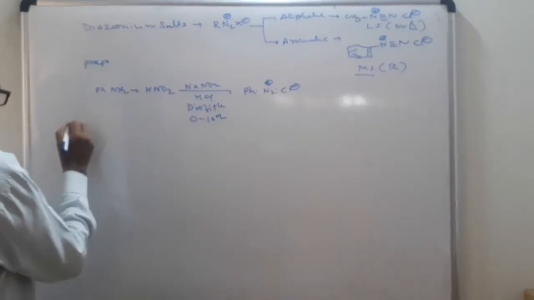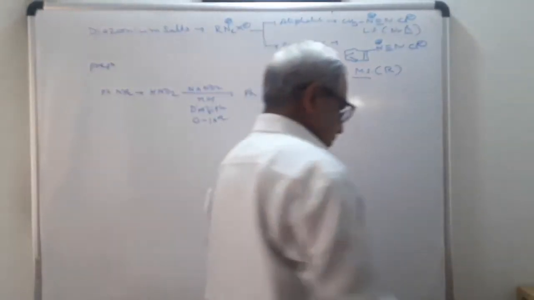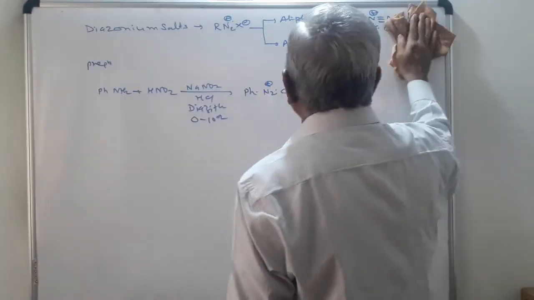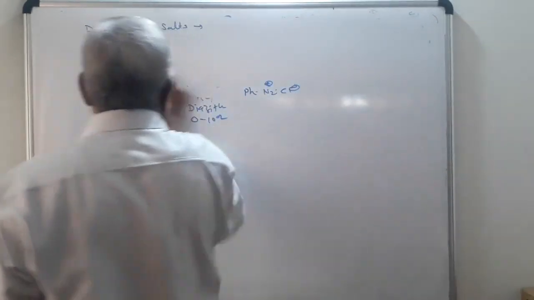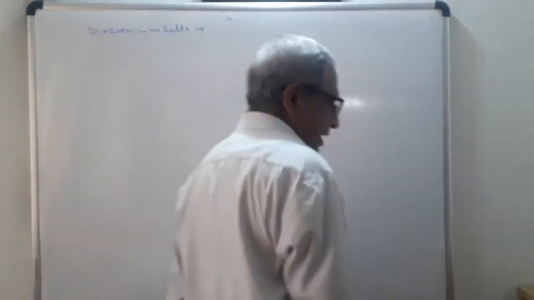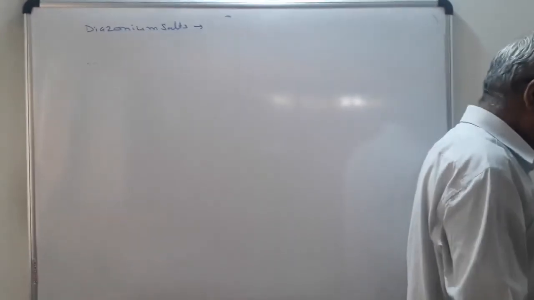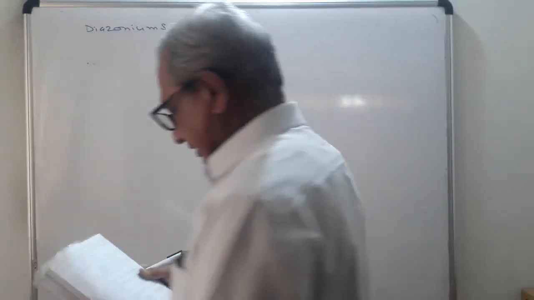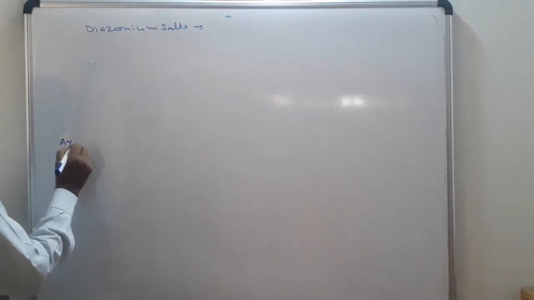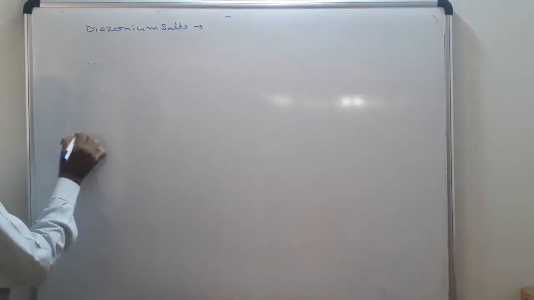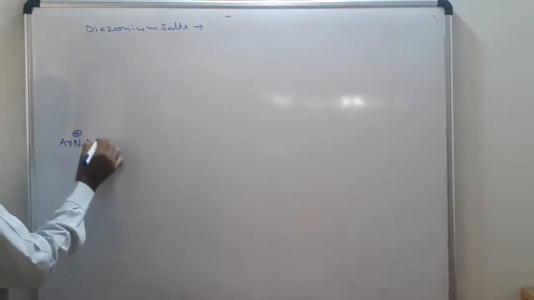Now reactions of diazonium salts. So give the title, reactions of diazonium salts. This is an important question. I will write all the reactions here. Ar N2 plus X minus.